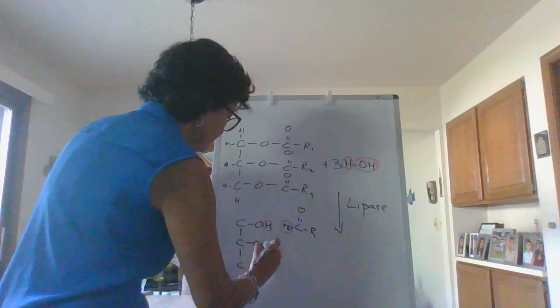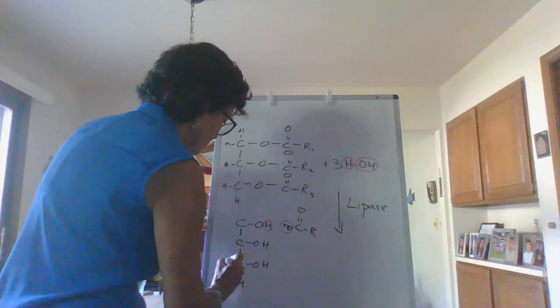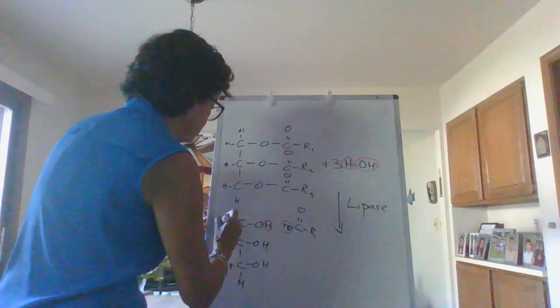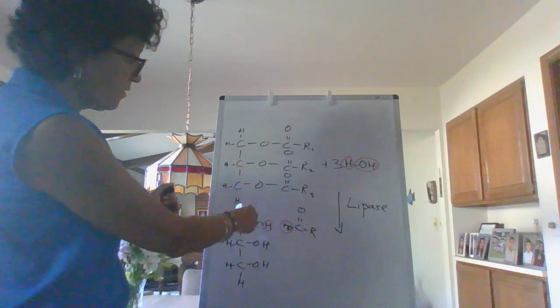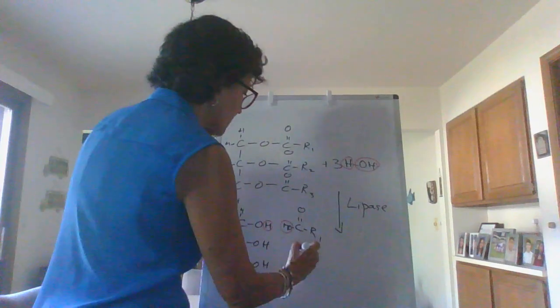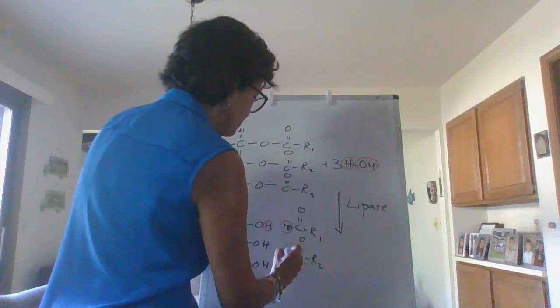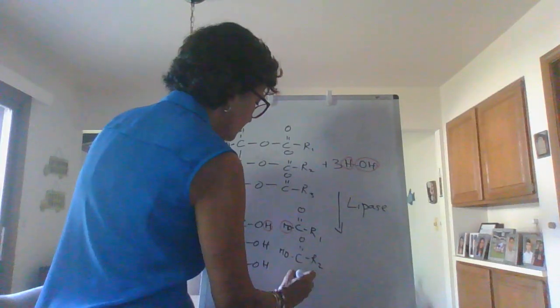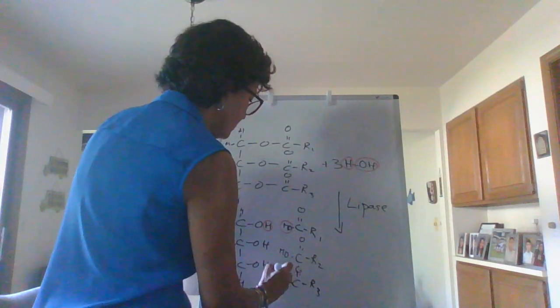So we have at the end a glycerol. Remember, glycerol was 3 carbons, 3 alcohol groups, and then you're going to have 3 free fatty acids. Fatty acid 1, fatty acid 2, and fatty acid 3.